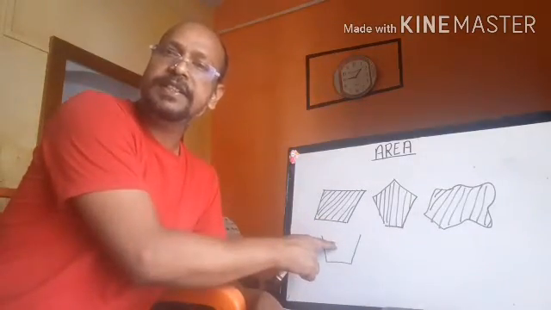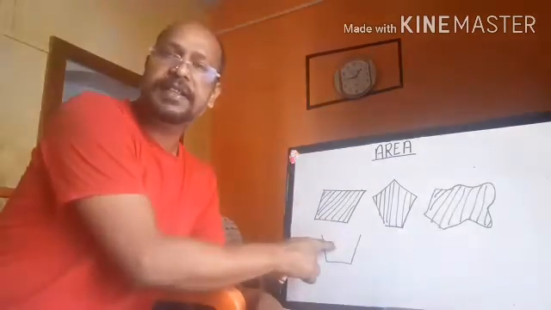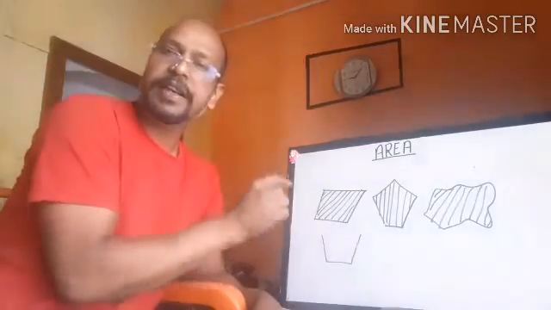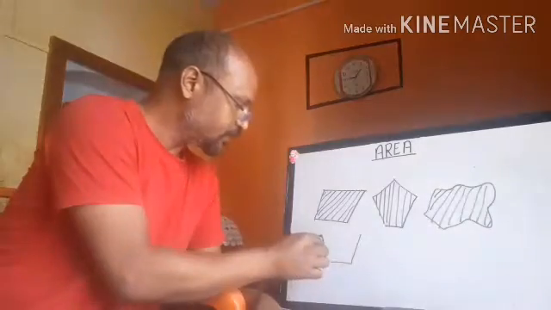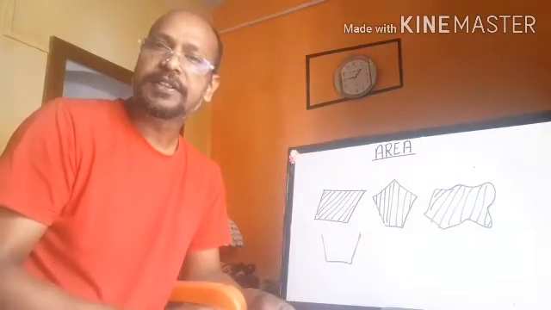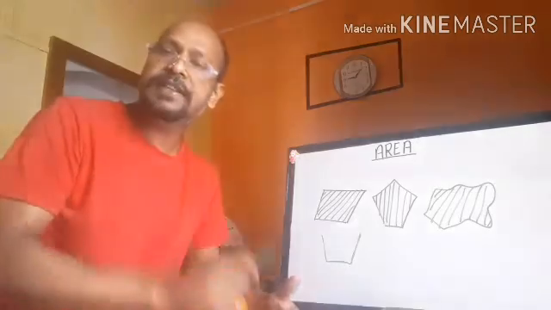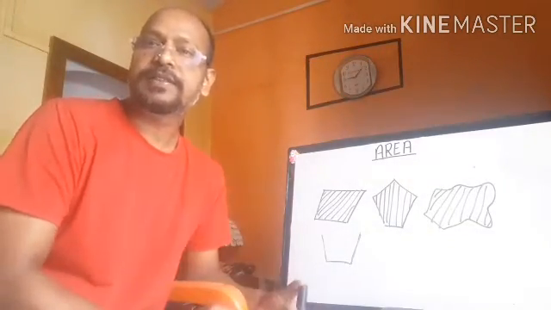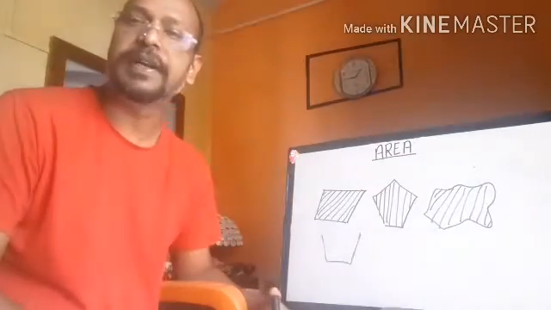Does it contain area? No, it doesn't contain area because it is open from that side. It has only length, from here, here, here only. So area is always measured for a closed figure. Keep it in your mind.